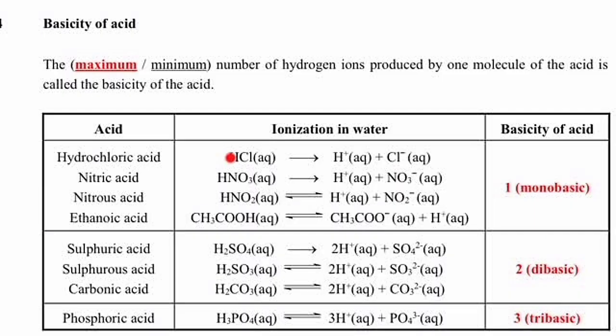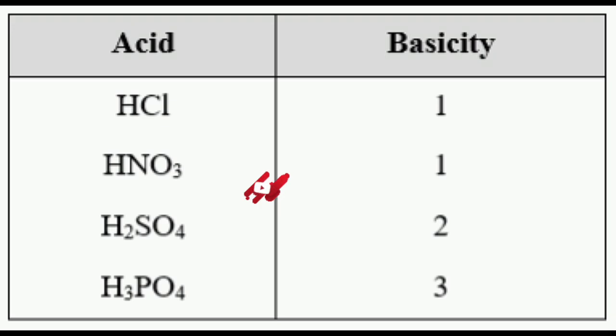In other words, the number of hydrogen atoms present in the formula of the acid is the basicity of that acid. Like hydrochloric acid, you see one H plus ion and one Cl minus ion. So one H and one Cl came in to make HCl. It has only one hydrogen atom. That's the only hydrogen atom that can be replaced by metallic ions. So the basicity of HCl is 1, or you call it monobasic.